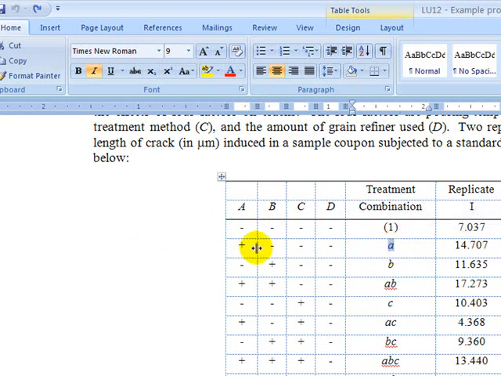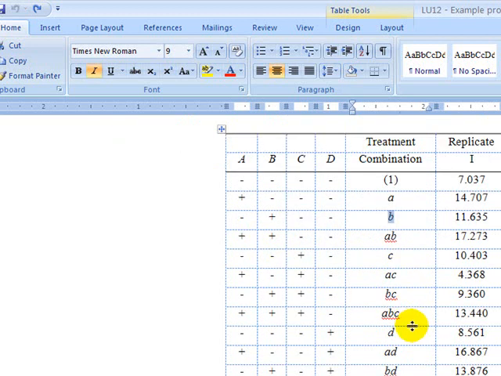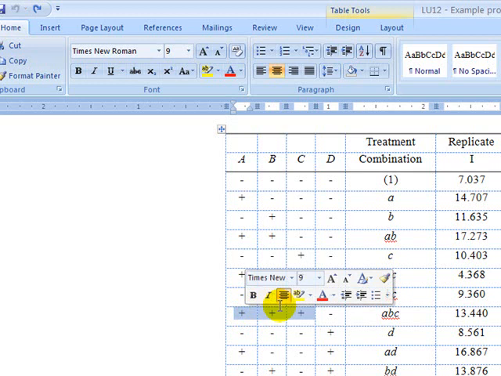So for a high level of A, we used small a to represent this particular combination. Similarly here we have a high level of B, so we used small b, and similarly you can see a, b, c here. That means for factor A, factor B and factor C, these 3 factors, we are using high levels. So now you get this point, right?